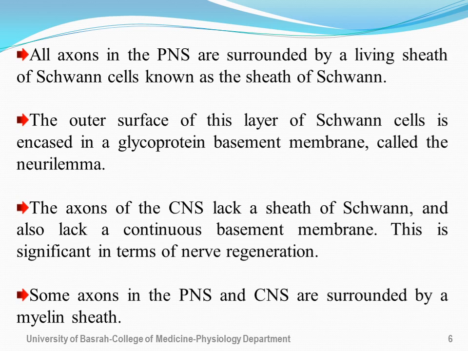Some axons in the peripheral nervous system and in the central nervous system are surrounded by a myelin sheath.